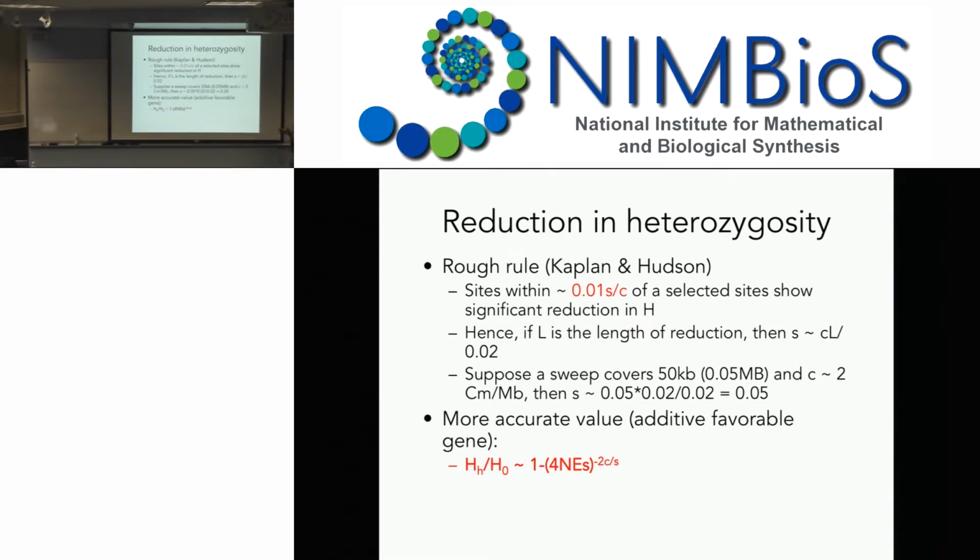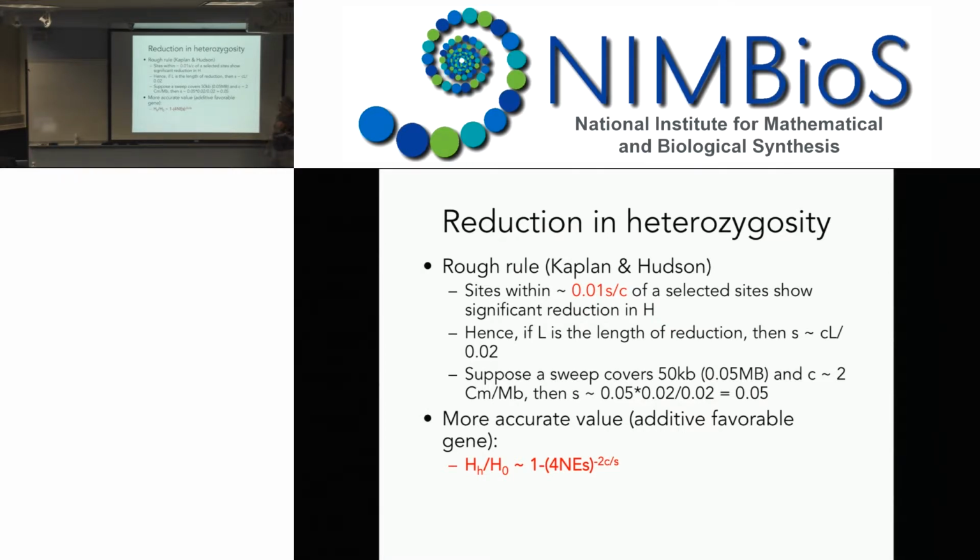So for example, some simple numbers. If I look at a sweep and it covers 10 kilobases, so I see a 10 kilobase reduction in levels of polymorphism, I want to ask how strong is the sweep. If I know the recombination rate in that region, I can do that. If the recombination rate is 2 centimorgans per megabase, that is a 2% recombination rate per million bases, it's a little high figure.